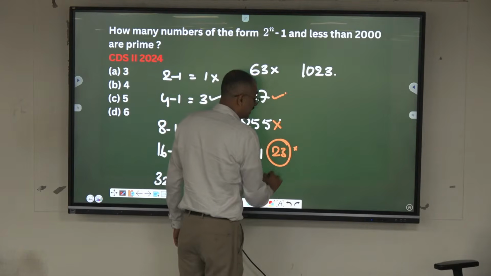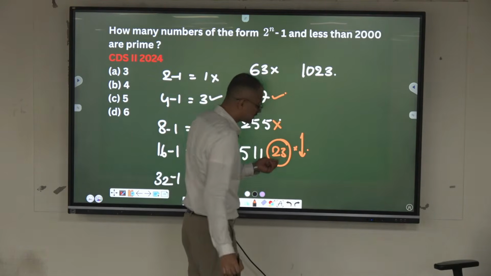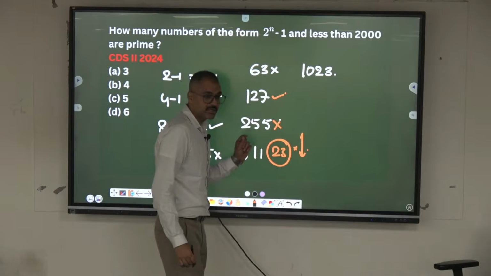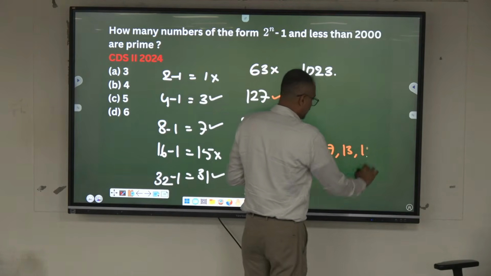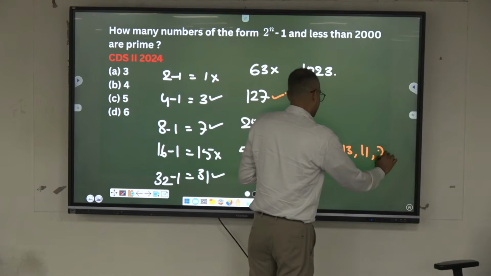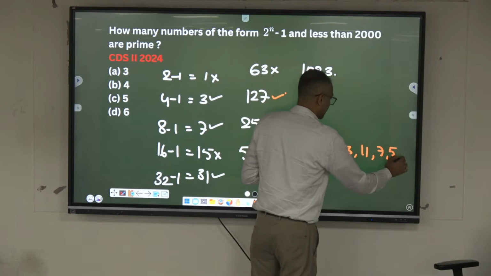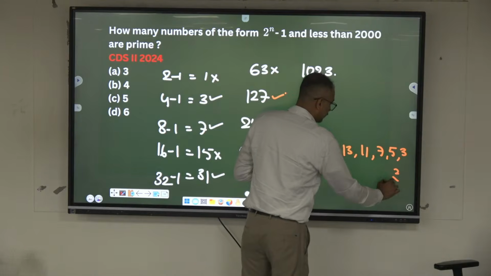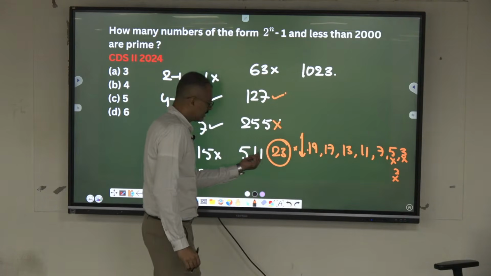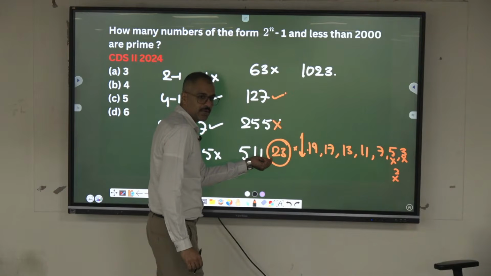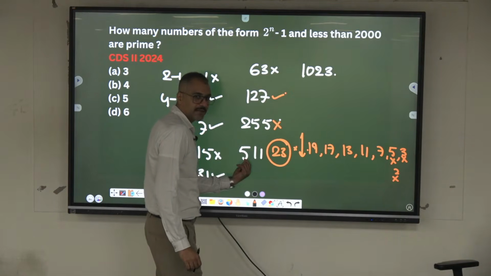Take all the prime numbers lesser than 23, which are 19, 17, 13, 11, 7, 5, 3, 2. 2 does not divide, 3 no, 5 no, 7. You can apply the 7 rule: minus 2 into 1, which is 49, right?